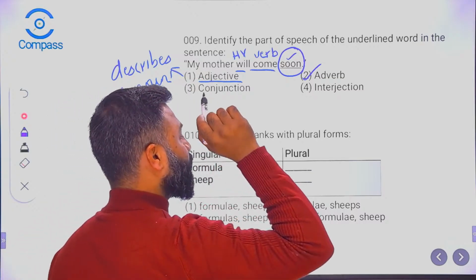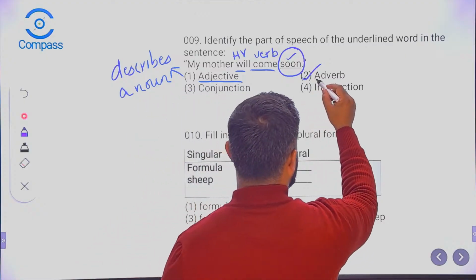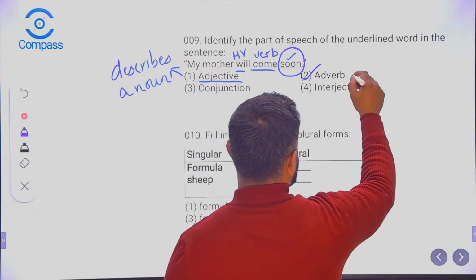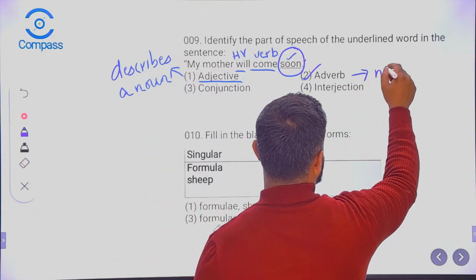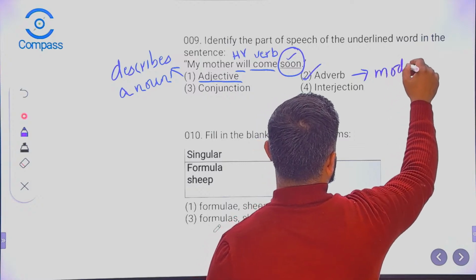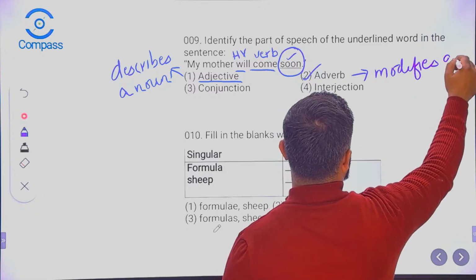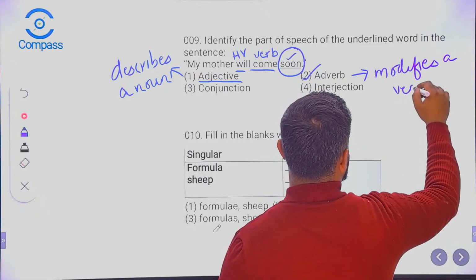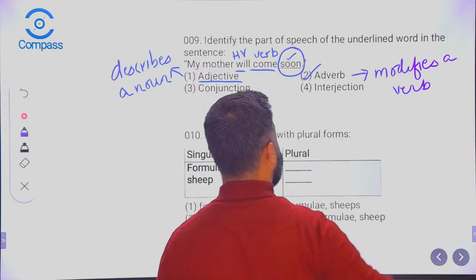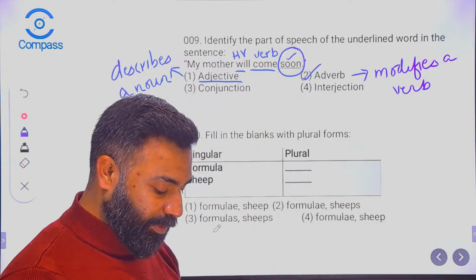Describes a noun. But we have the correct answer here, adverb, that modifies a verb. Okay, so that's the right answer. Very good. Good participation, children.